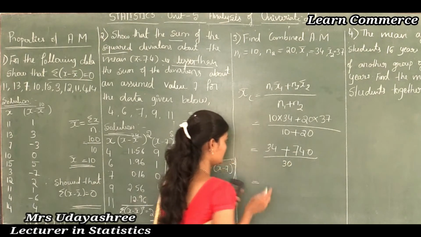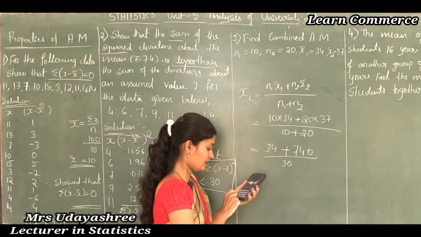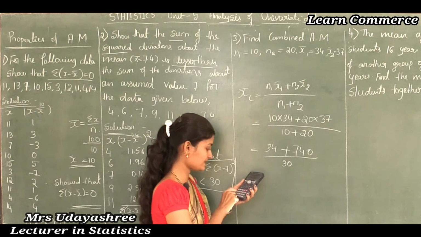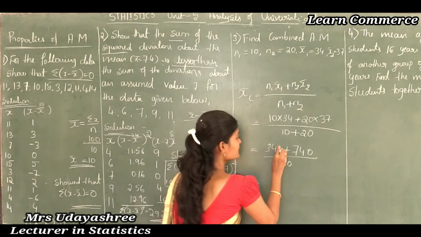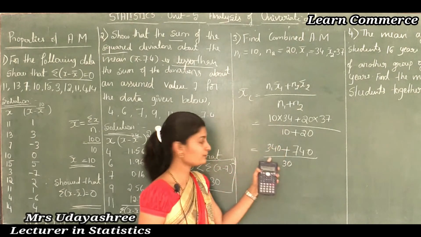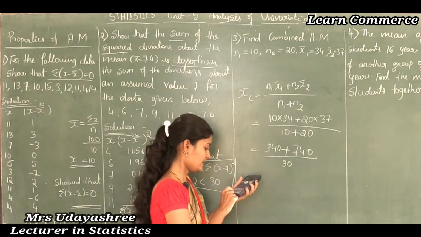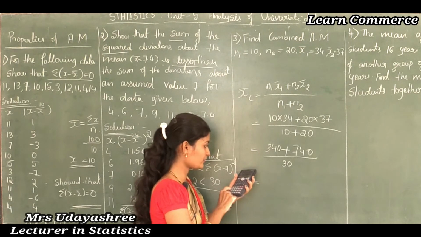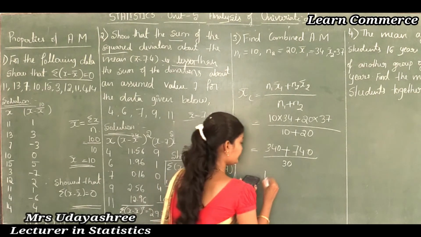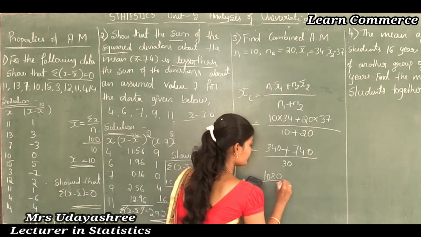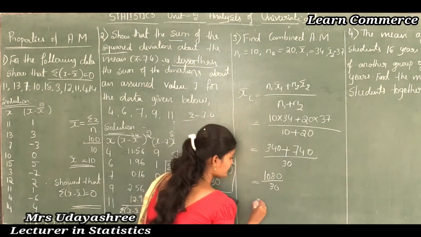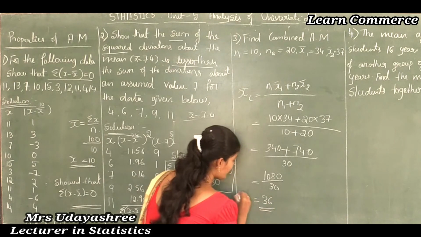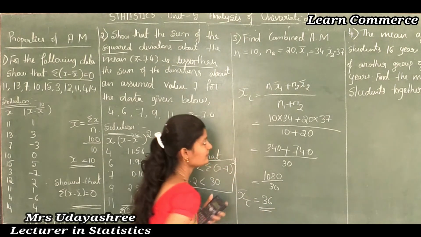So 10 into 34 is 340. So that is 340 plus 740 is 1080 divided by 30. So 1080 divided by 30 is 36. Here the combined arithmetic mean is 36.